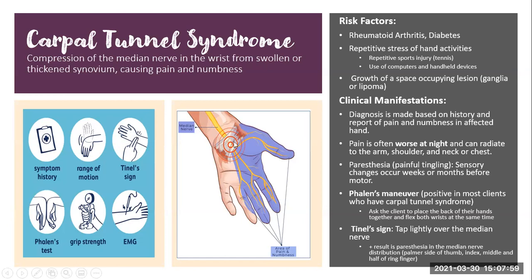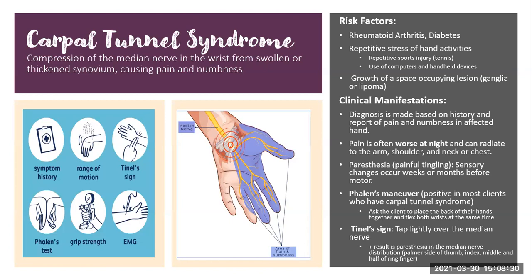Tinel's sign involves tapping on the median nerve, which will cause twitching and may cause that paresthesia. Tapping on that median nerve will cause them to feel this numbness. And there's also Phalen's sign, having them flex the wrists at 90 degrees against each other.